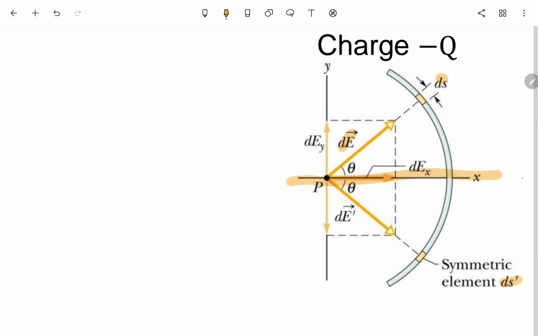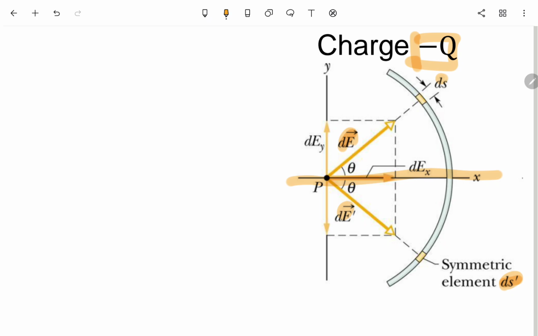Actually this is a negative charge, so all the small segments will also carry small negative charge. In that case, dE will be pointing toward that segment, which is the top right direction. Similarly for ds prime, the dE prime will be pointing to the bottom right.